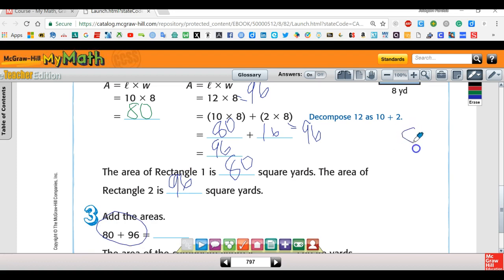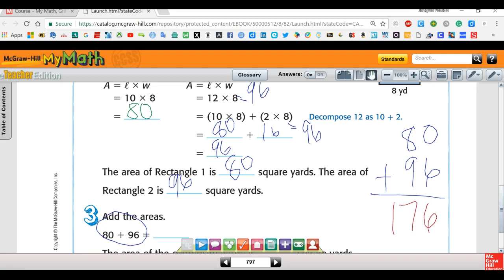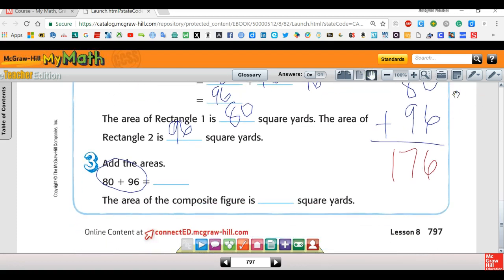So I'm going to take 80 plus 96. 0 plus 6 is 6, and 8 plus 9 is 17. So the area of the whole shape, of the whole garden, is going to be how much? 176 square yards.